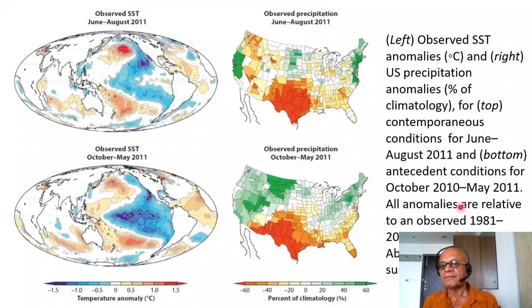So, okay, all anomalies are relative to an observed 1981 to 2010 climatology. So what is the point? The point is that the Boulder approach does simulations, tries to find climate drivers that can explain a particular event, and then you can see whether the temperature anomalies here, temperature trends here, have any impact.